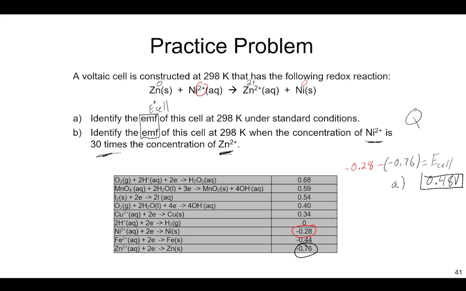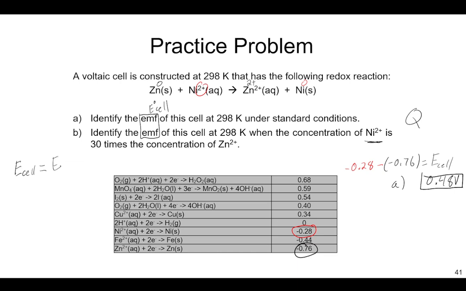Part B now is we're told the concentrations here are different than all 1 molar. So now we're going to use our Nernst equation to calculate the EMF, or E cell, not standard state, but when I have different concentrations.